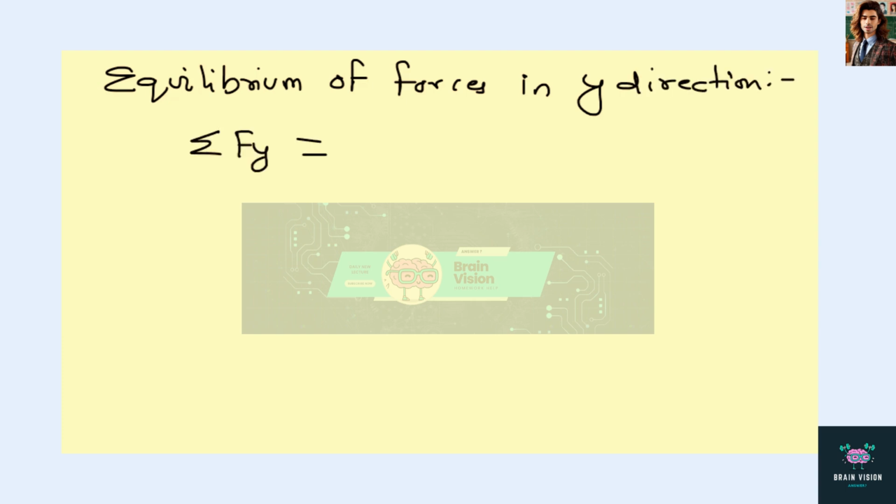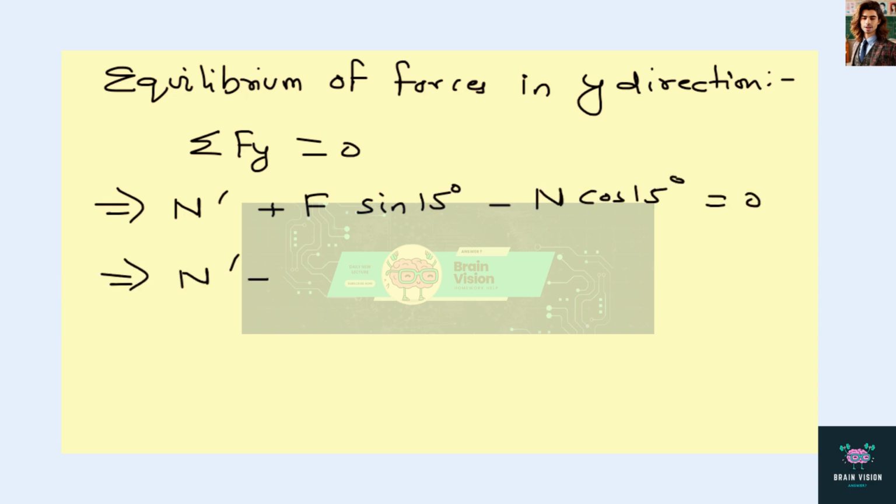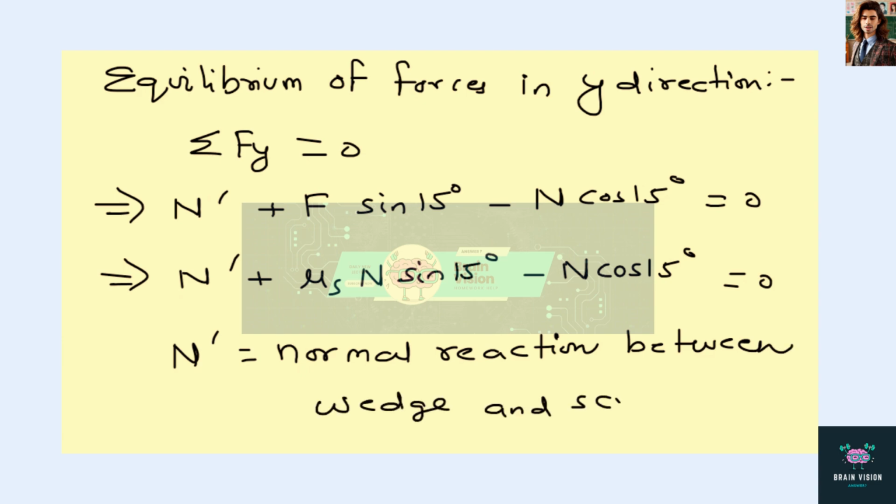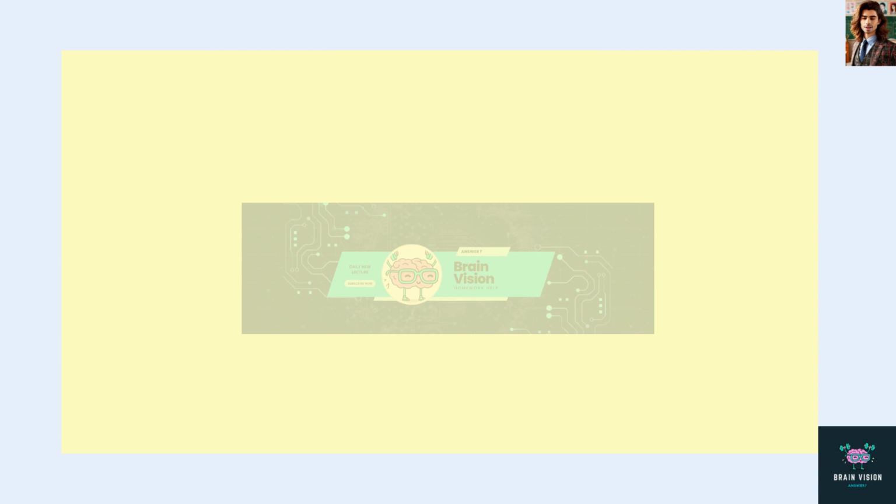So summation of Fy is equal to 0, or N dash plus F sin 15 degree minus N cos 15 degree is equal to 0, or N dash plus mu s N sin 15 degree minus N cos 15 degree is equal to 0. So N dash is equal to normal reaction between wedge and screw.